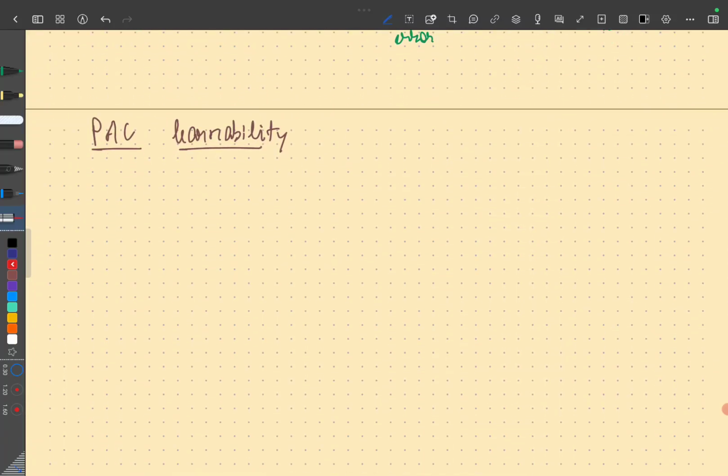So this notion of PAC learnability, sometimes also called agnostic PAC learnability, says the following. PAC learnability is a property of a hypothesis class.